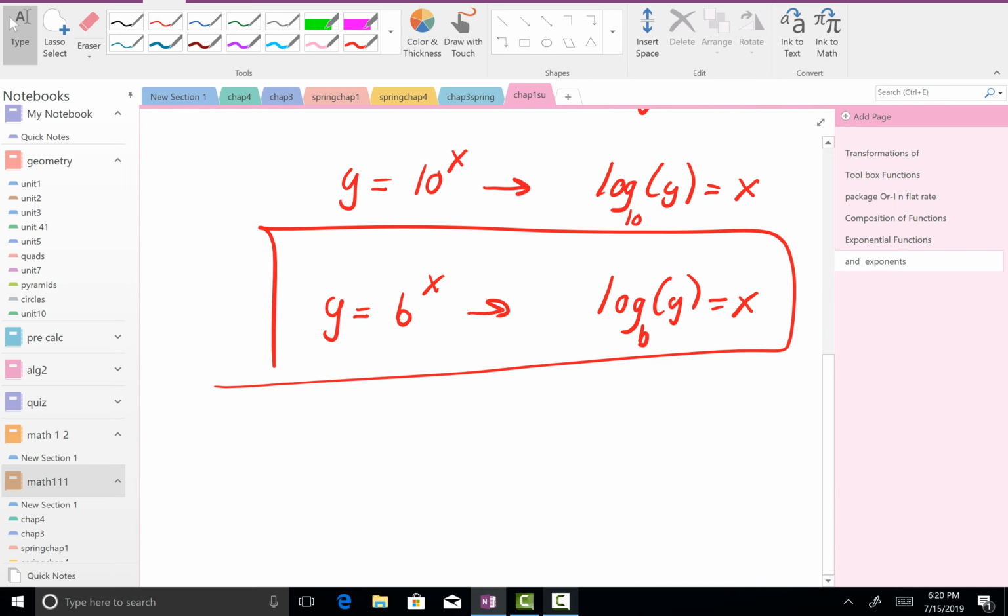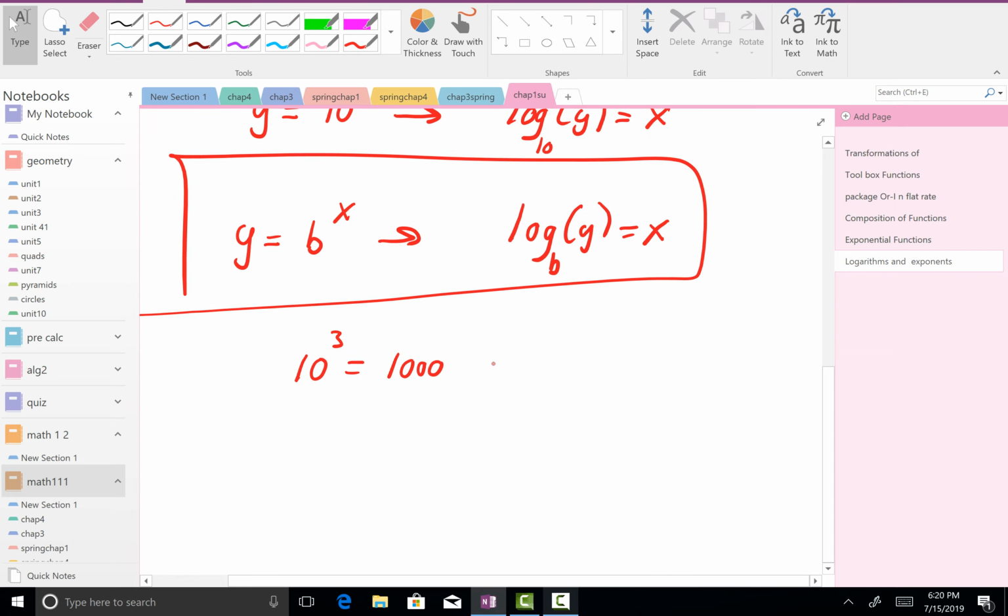So for example, let's take a look at this. Let's take a simple one. So if we have 10 to the third, we know that's equal to 1,000, right? Written as a logarithm, that would be log, and the base is 10. There's your base, and the x's and y's are going to switch.